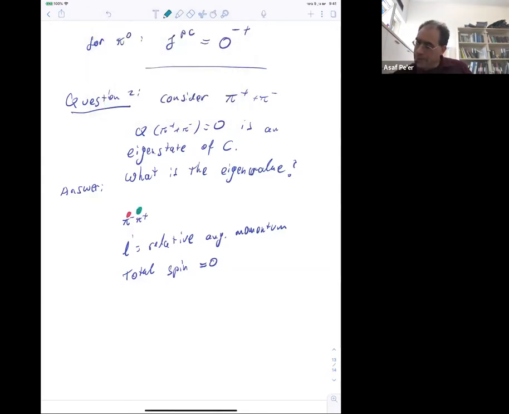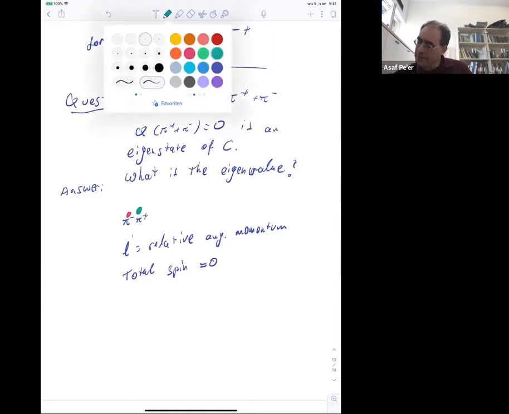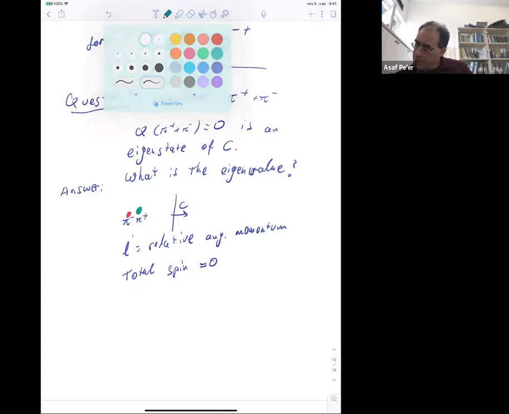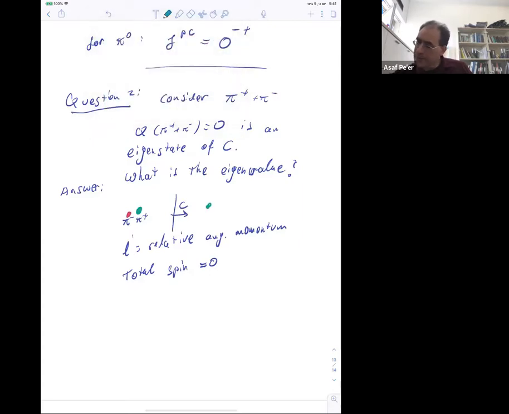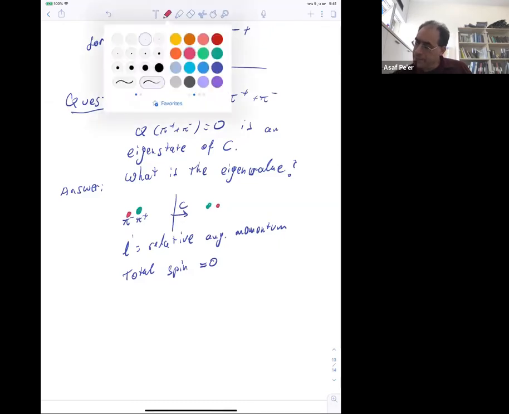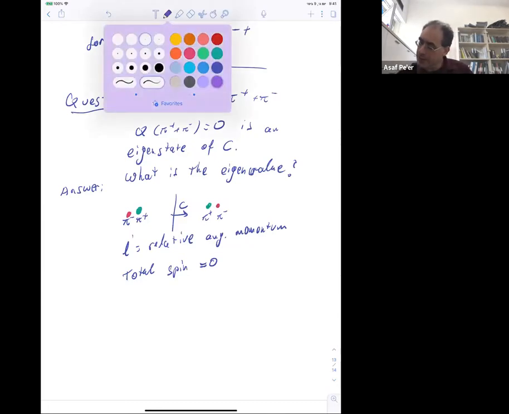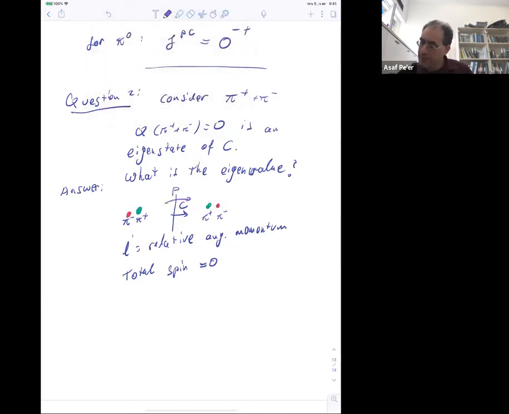Like pi minus pi plus. If I act on that with a C, then pi minus becomes a pi plus, and the pi plus becomes a pi minus. So it's really the same as if I'm acting on that with a P. If I act on that with a P, I get the same result.